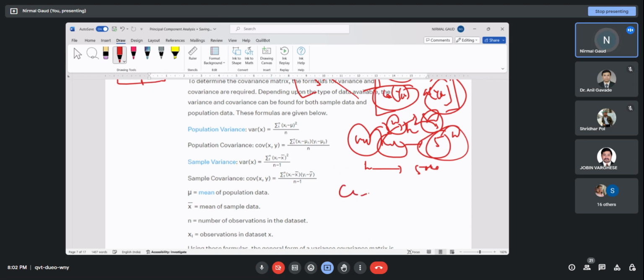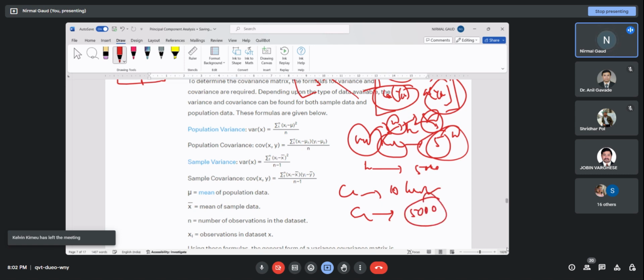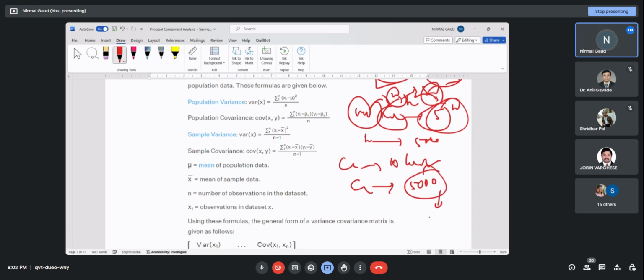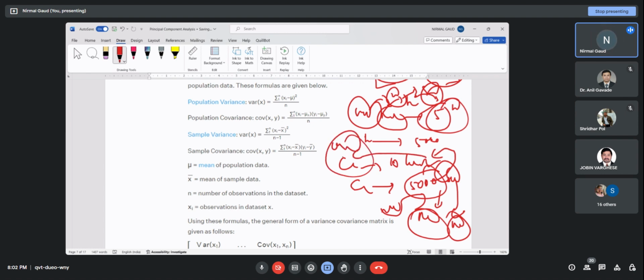In a city you might have 10 lakh people, but the survey was done over only 5,000 people, and they said this party is winning the election. So this was a sample, and the mean, variance, and everything were calculated from the sample. We make a concluding statement over this sample that the population also has the same opinion. That is the concept of sample and population.